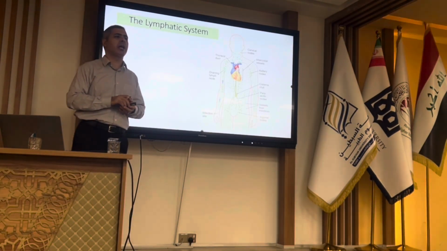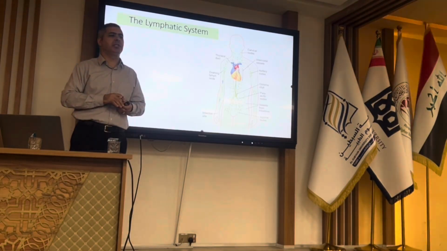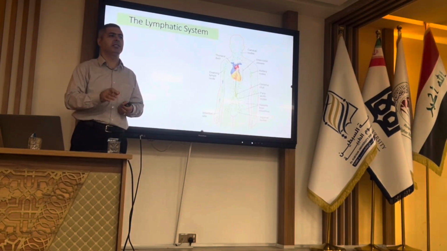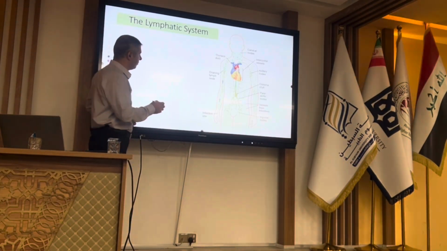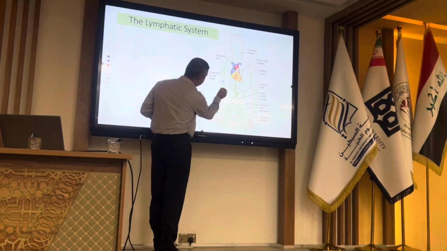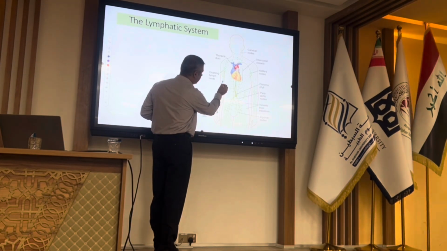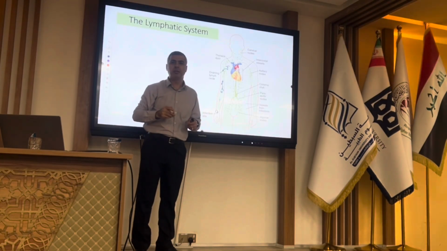What is the final destination of lymphatic fluid? Lymph nodes. After the lymph node, we have, for example, lymphatic fluid, lymph node, then what? Then the heart. Again lymph node, then what? Again lymph node, then what? Blood circulation. Blood.